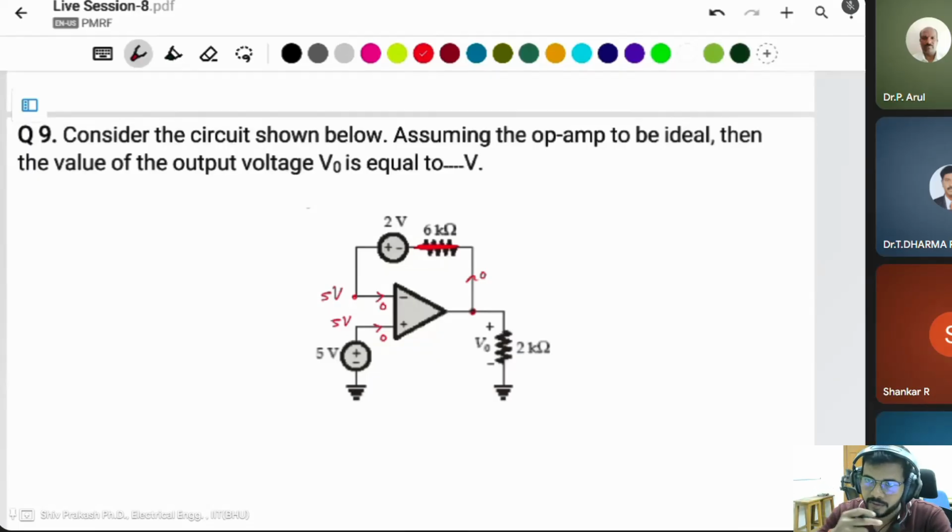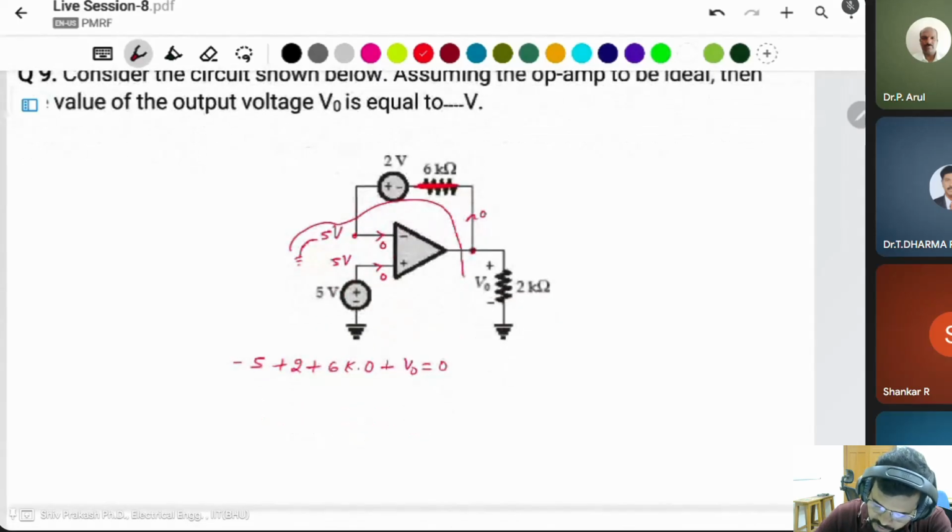You have to apply KVL in this loop. This is 5 volt, and somewhere the ground is there. Apply like that. This is minus 5 plus 2 plus 6K times current, which is 0, plus Vo equal to 0.